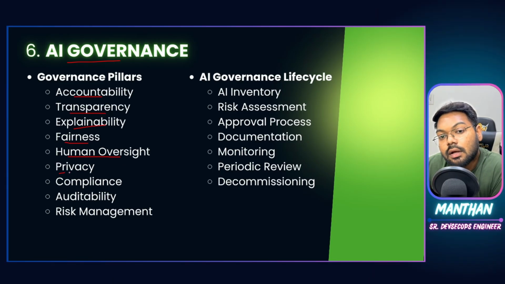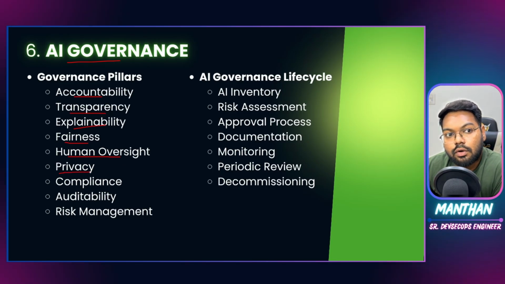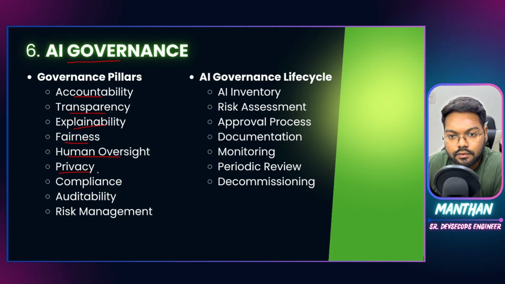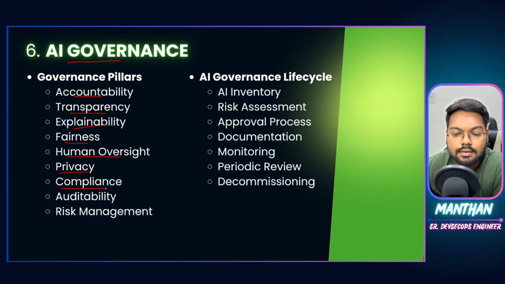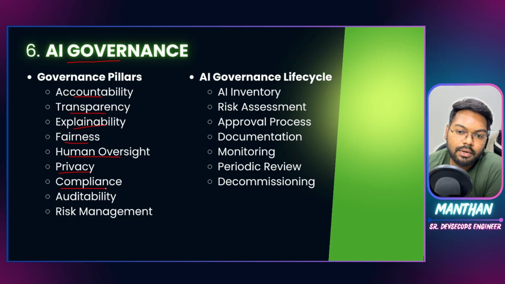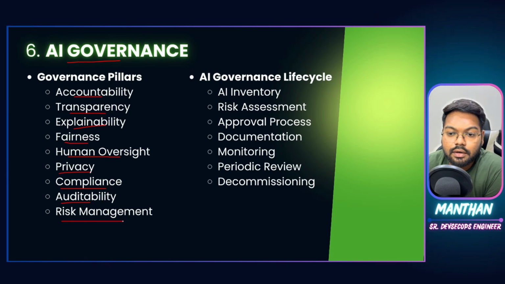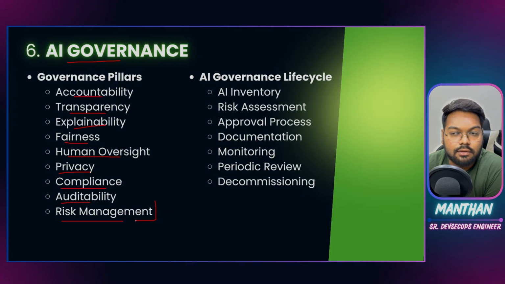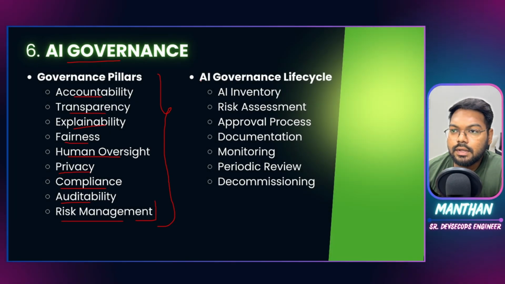A fair bit of privacy should be maintained on the data the training is done upon. There should be compliance with the regulations that exist, and it should abide by them. The AI should be auditable, and certain risk management principles should be applied to it as well. Then comes the AI governance lifecycle.